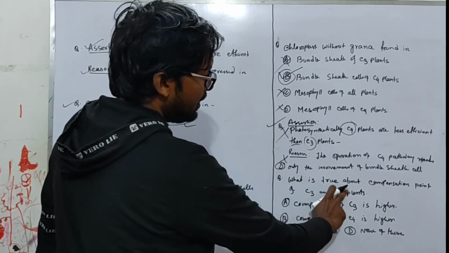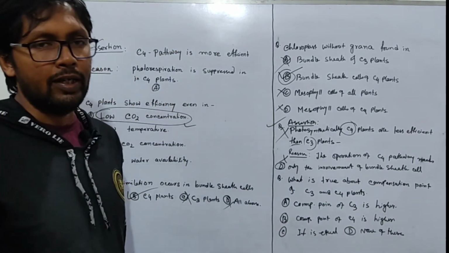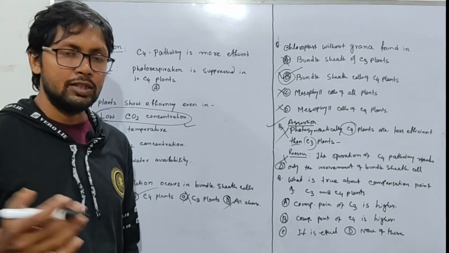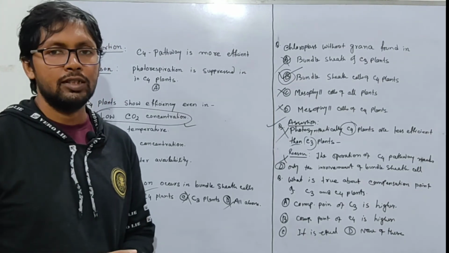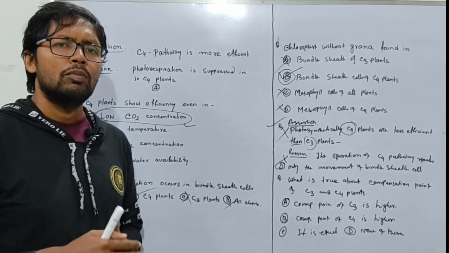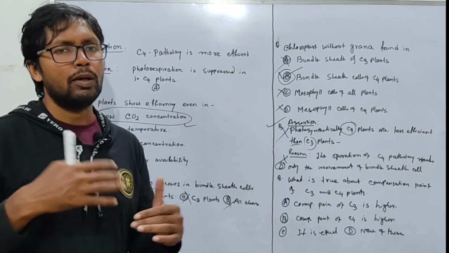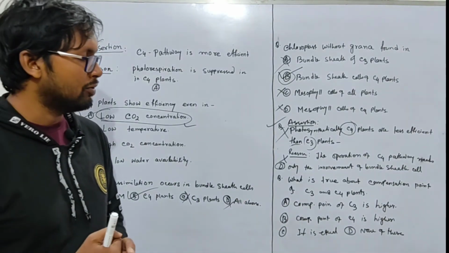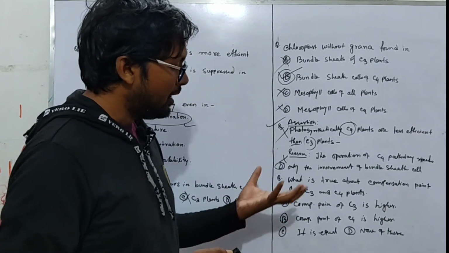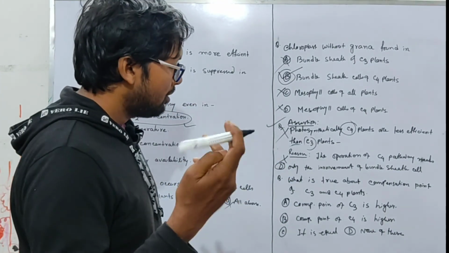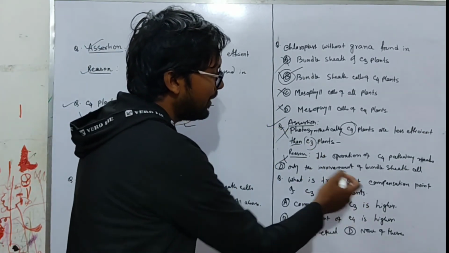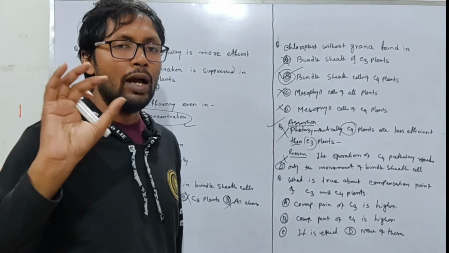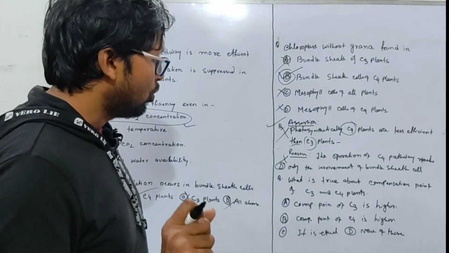Now, what is true about the compensation point? Compensation point is the point where the amount of carbon dioxide needed for photosynthesis is equal to the amount of carbon dioxide produced in respiration.